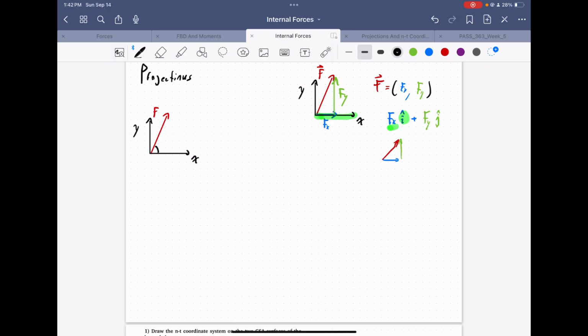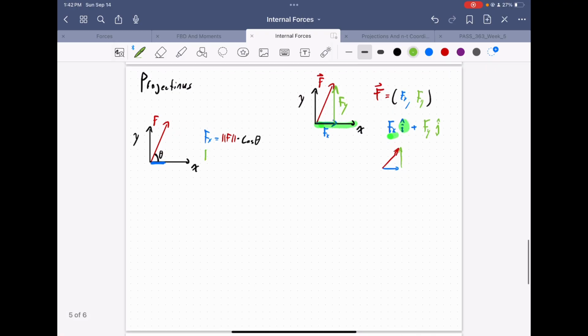If we're given an angle here, theta, then we know that Fx is going to be the magnitude of force times cos theta, because that's the adjacent side. And in this case, Fy is going to be the same thing, but sine theta, because that is the opposite side.